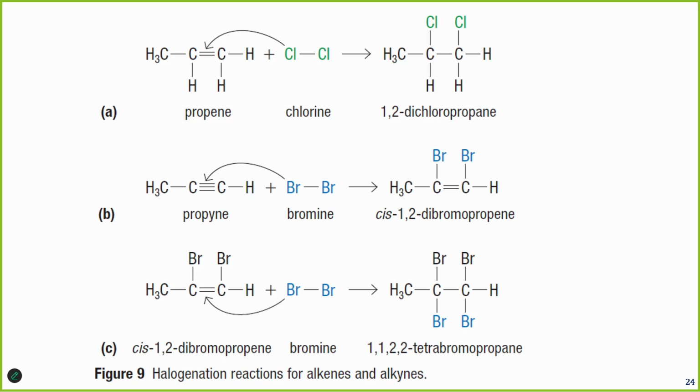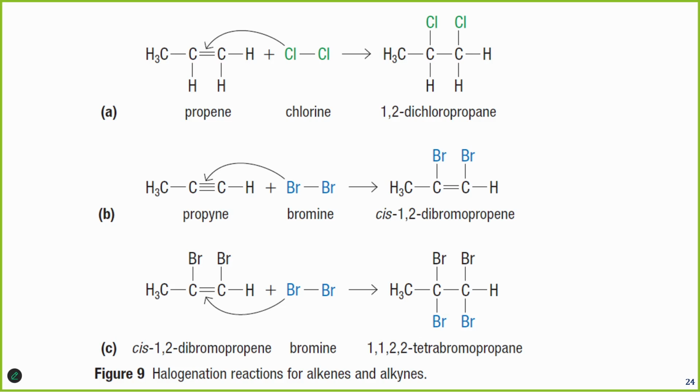In a halogenation reaction, a halogen such as bromine or chlorine reacts with an alkene or alkyne, which is illustrated in this figure 9. The halogenation of an alkene produces an alkyl halide. The halogenation of an alkyne produces a halogenated alkene, or if excess halogen is present, an alkyl halide.